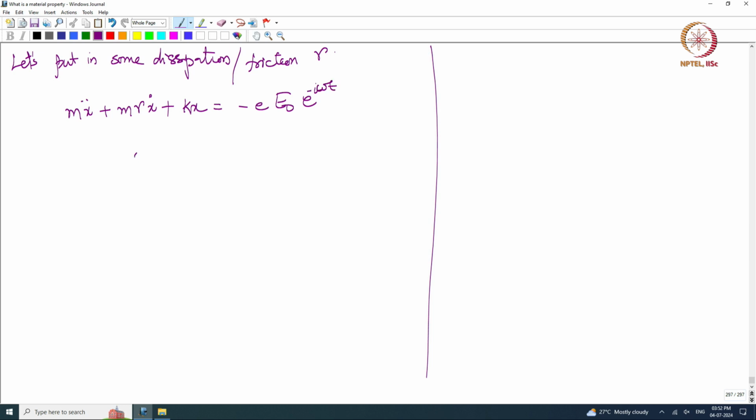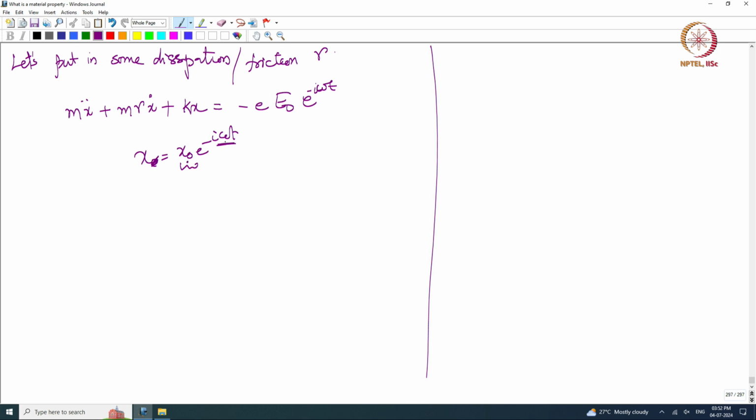Now I can again assume that x equals x naught e power minus i omega t, but this time I am okay with x naught not being a completely real valued function, but complex. If x naught is complex, then there can be some phase that gets added to the omega t.